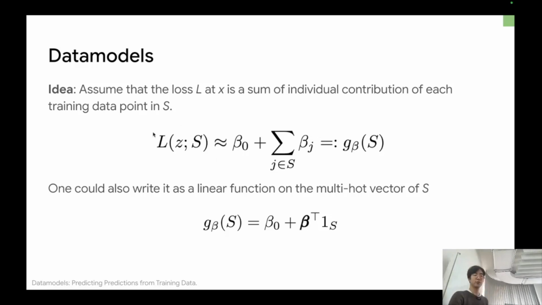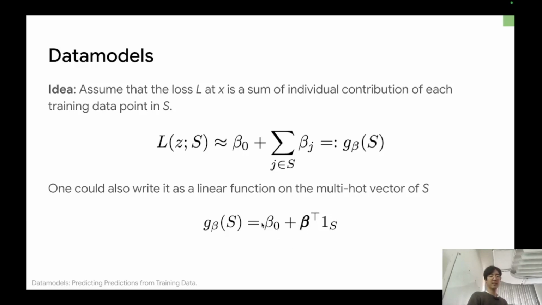So for example, now you can do approximation of the loss value for a particular test sample, given that you're actually not removing, but actually including S in this case. So let's say you're including S and removing whatever is not in S, okay? And then you're going to approximate this quantity by summing over all the beta values corresponding to the training samples in S. And then, yeah, you can introduce some kind of constant value here, beta naught, to make this fit better to your data.